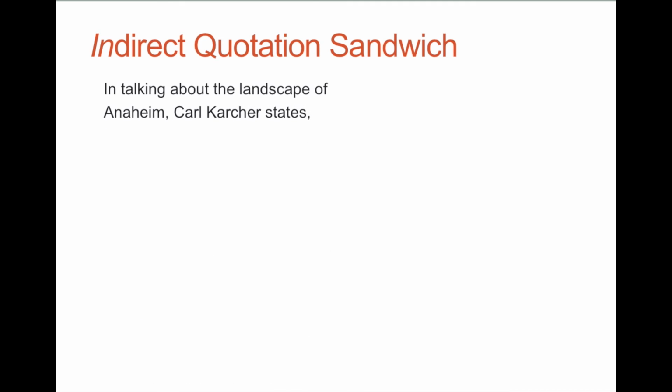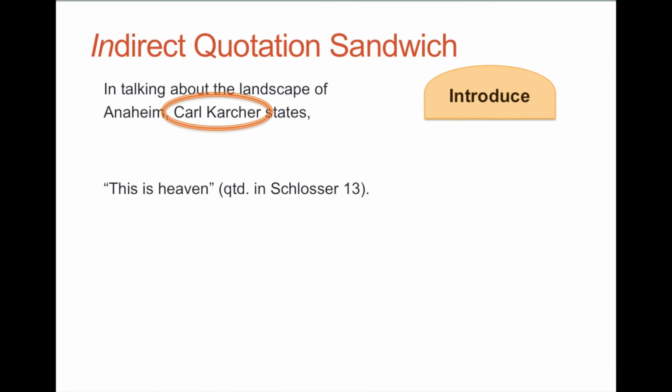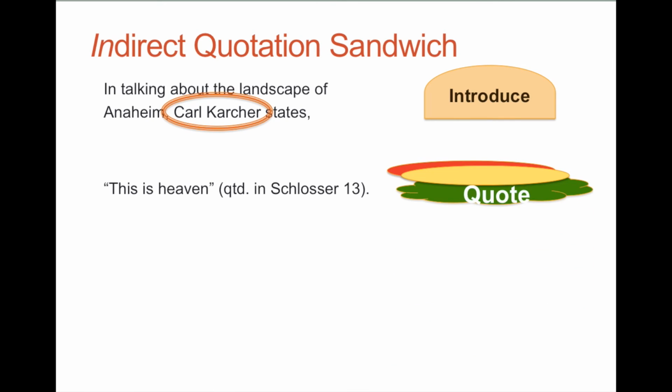So the indirect quotation sandwich. Here's an example. In talking about the landscape of Anaheim, Carl Karcher states, "This is heaven." This is my introduction to the quote. I've named who said what I'm about to say. Then I'm going to give the quote. You notice I've given the quote here.